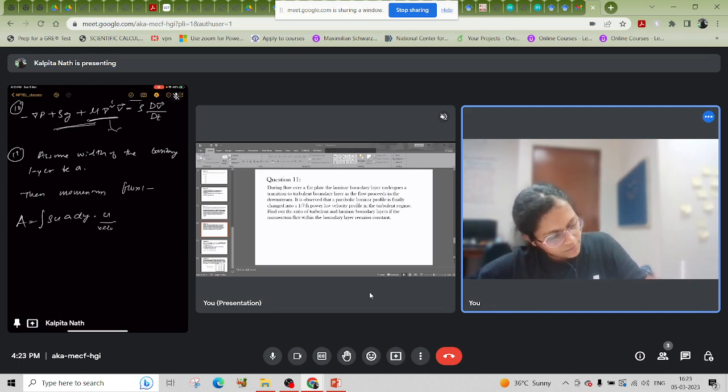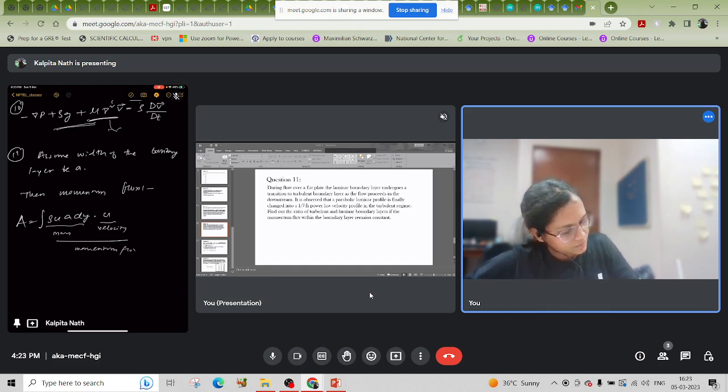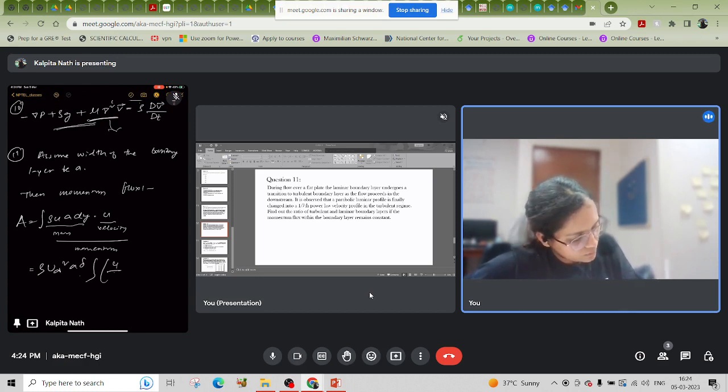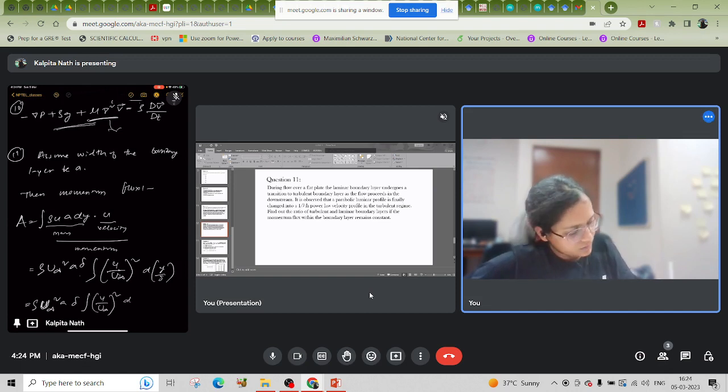This is velocity, this is mass, so both of these give momentum flux. So this is rho u infinity square A delta integral of small u by capital U infinity whole square dy by delta.